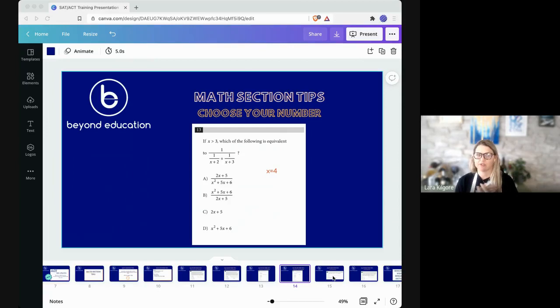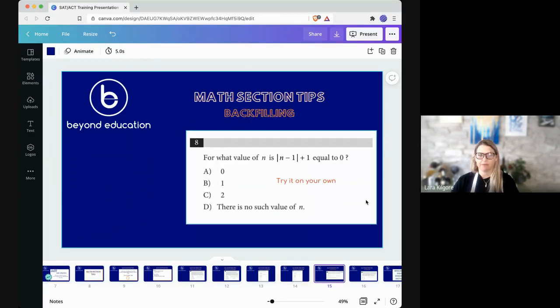And I didn't say this at the beginning of this question, but make sure you're abiding by whatever restrictions they put on the question. For this question, it has to be greater than 3, so make sure you're picking 4, because if you choose 1 or something like that, the solution may not work. All right, let's move on.